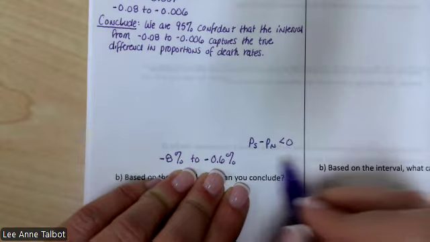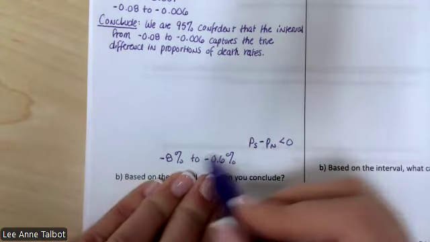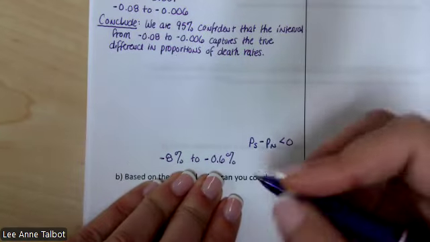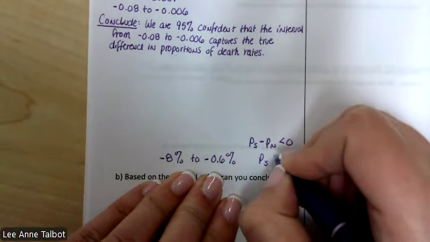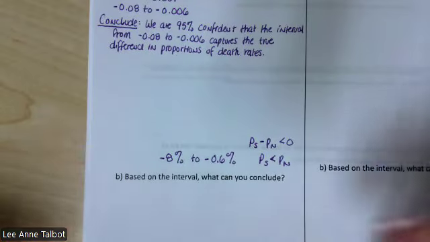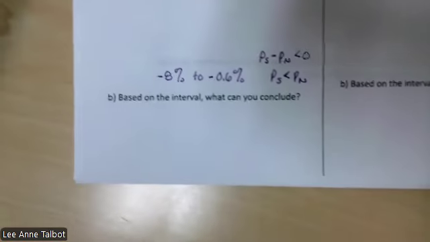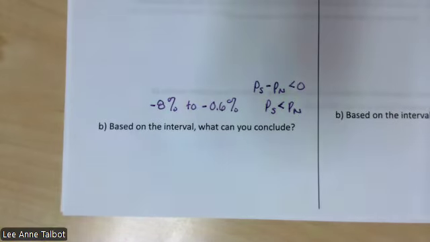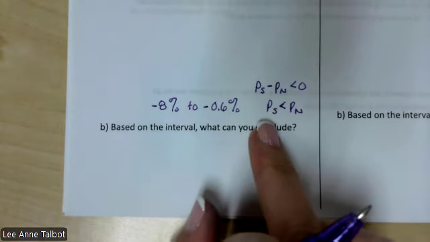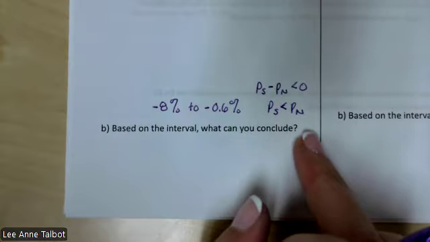This is a conclusion I'm going to make algebraically because this is negative. Then I'm going to add PN to both sides. That means PS is less than PN. If PS is less than PN, that means that people die less with the surgery than they do without the surgery.